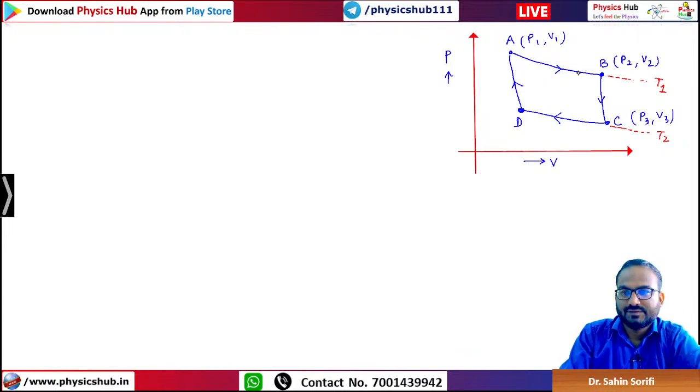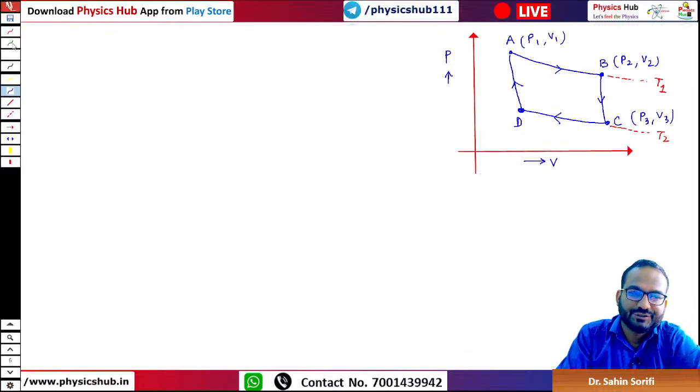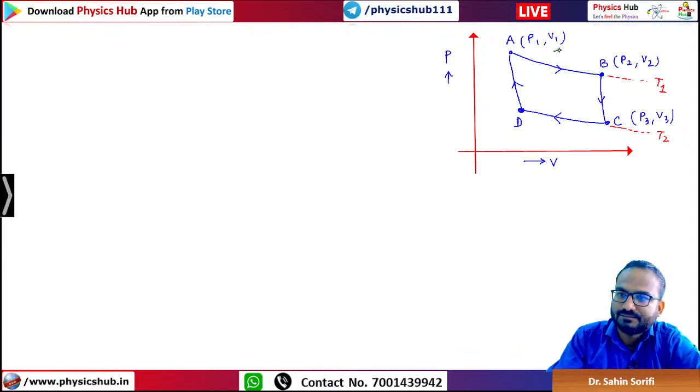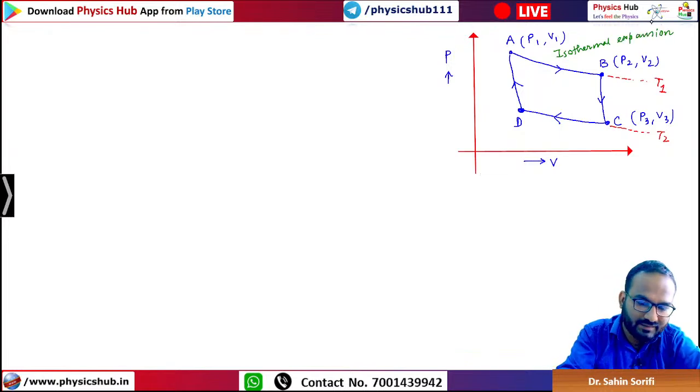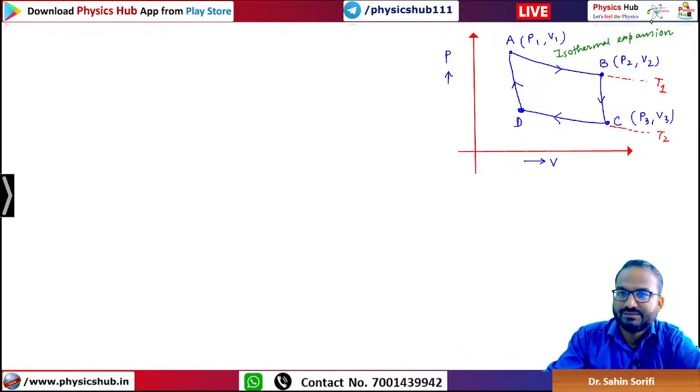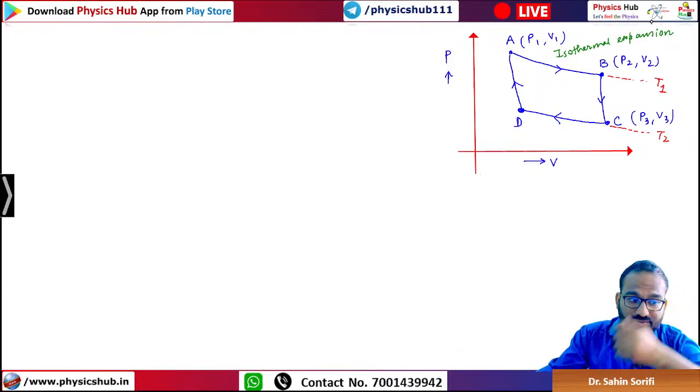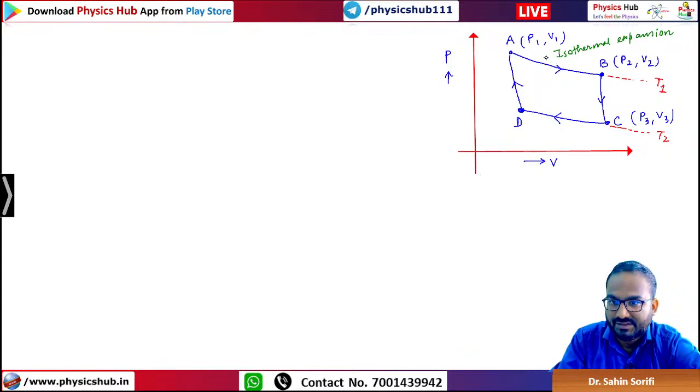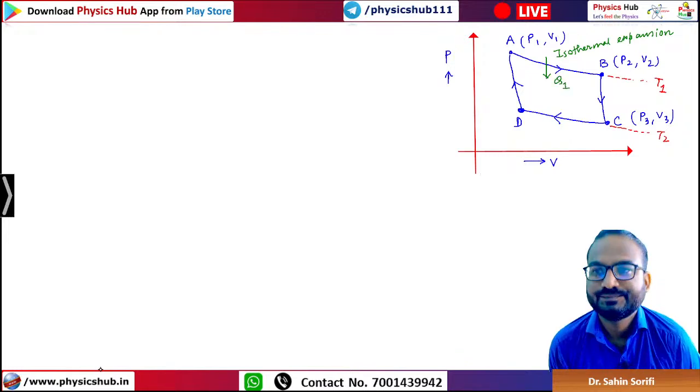So, the first process is isothermal expansion. If you have expansion in a gas, you have to give in some heat, right? So, in this process, let us say Q1 amount of heat is given to the system.